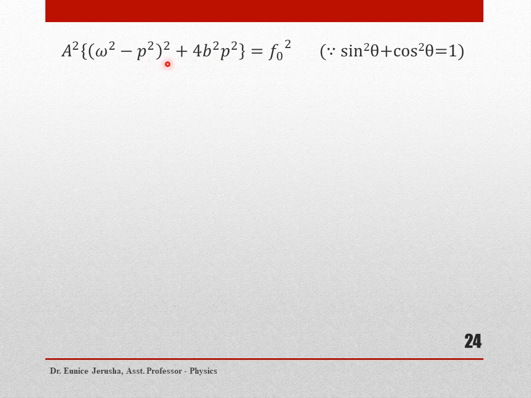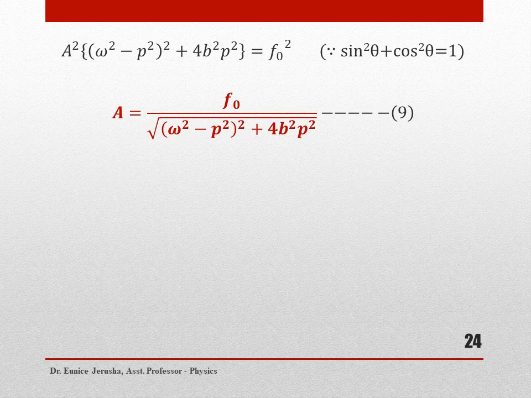From this expression we can find out the amplitude of the oscillation a. This is obtained by taking the square root of this equation and rearranging the various terms. Therefore, a turns out to be f naught divided by the square root of (omega square minus p square) the whole square plus 4b square p square, which we call equation 9.